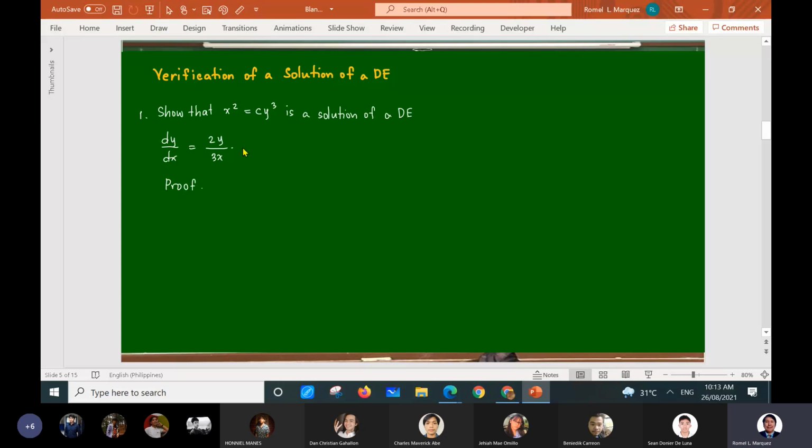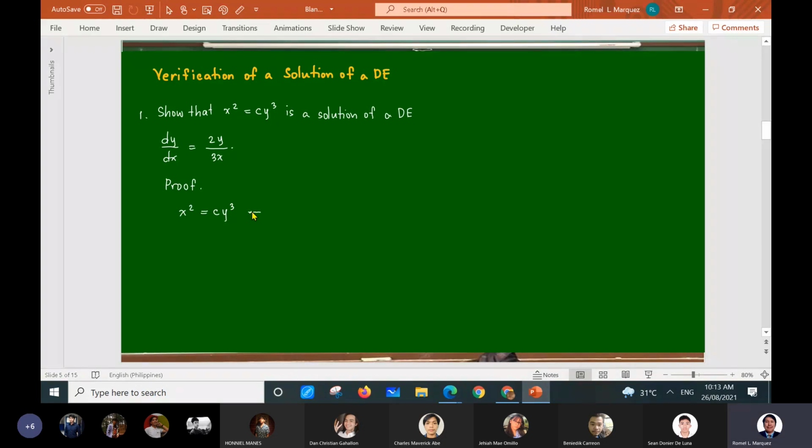Okay? So we have x squared is equal to c y cubed. So this is the given equation, which we assume is a solution of this. Let's see if this will really be, which we are trying to show, a solution to this given DE.